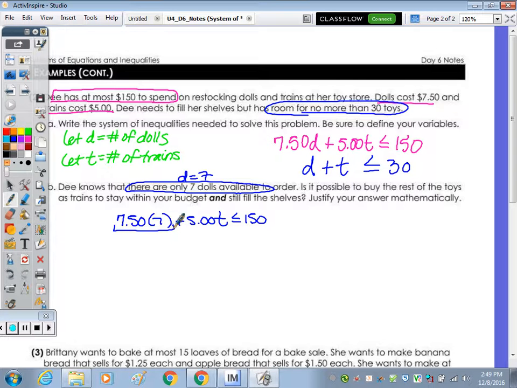5.00T less than or equal to 150. So $7.50 times 7 is $52.50. I need to subtract that from 150 and then divide by 5.